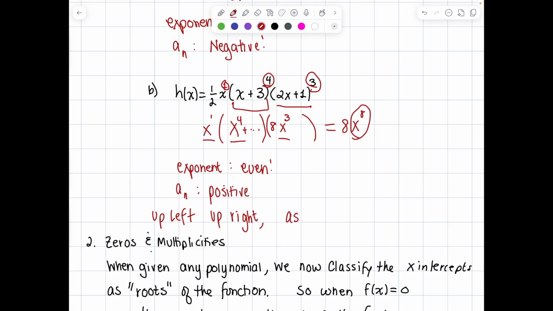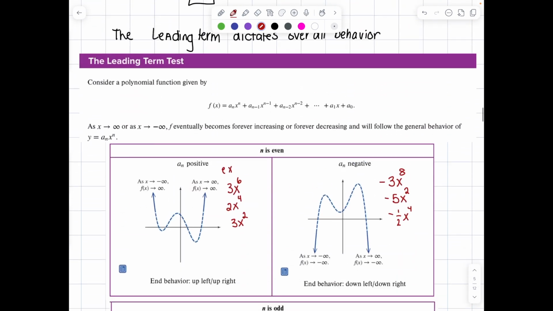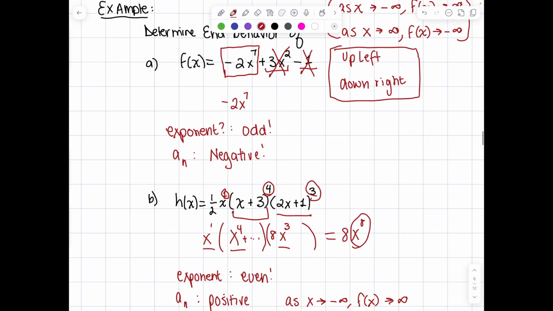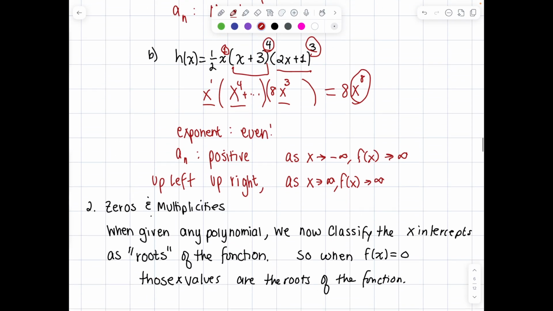Or as x approaches infinity, f of x approaches infinity, and as x approaches negative infinity, f of x approaches infinity. So they're both going to be infinity values. That's just kind of how it is. All right, so that's how we're classifying end behavior.